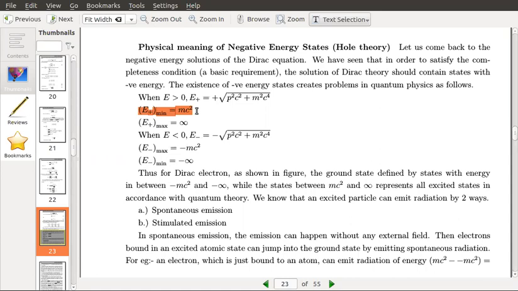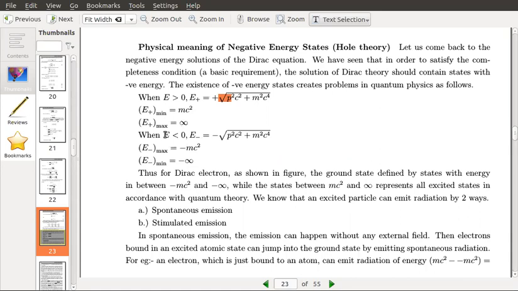E plus minimum equals mc squared. And for E plus maximum, p can have a very high value up to c, so this can go up to infinity. So E plus minimum is mc squared and E plus maximum is infinity. So the energy of a positive energy particle can vary between mc squared and infinity. mc squared is the rest mass energy and infinity is the maximum value of energy.